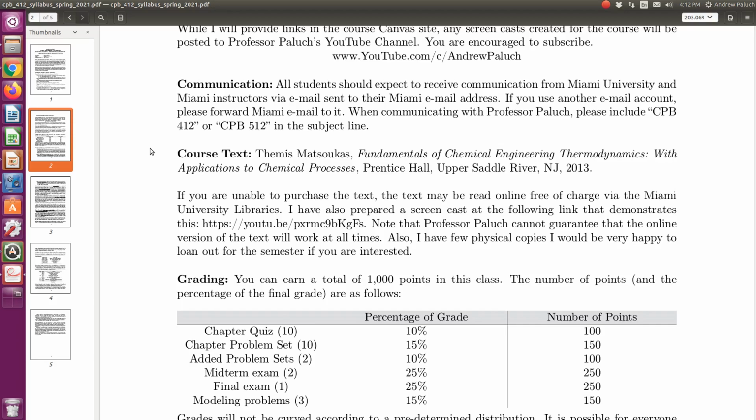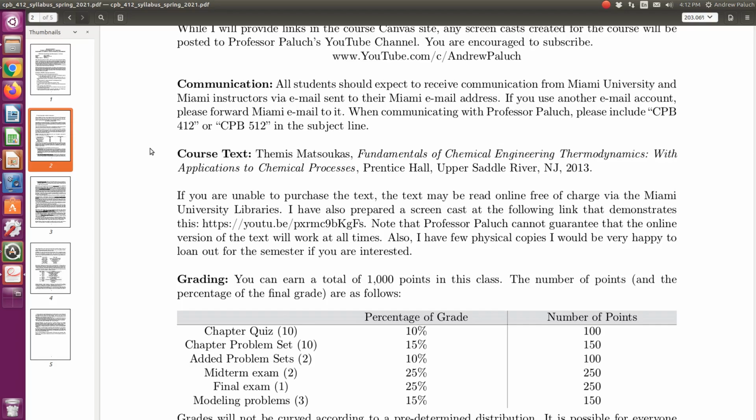With that said, I sent out an email last week to let you know that another reason this textbook was selected is that you can read it free of charge through the libraries. There's some information on the Canvas page about how to read it for free online, and I have a screencast to go through it too.